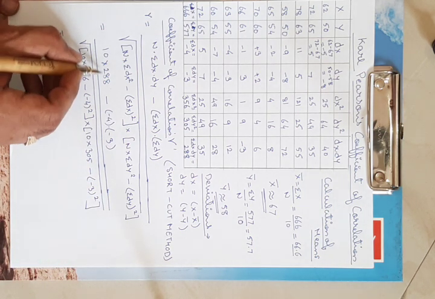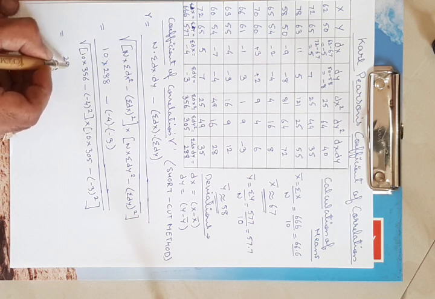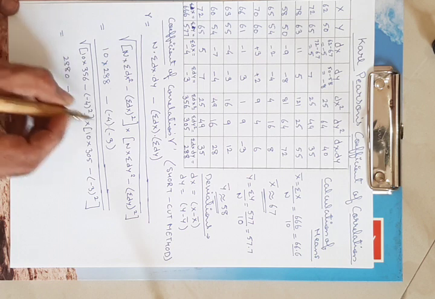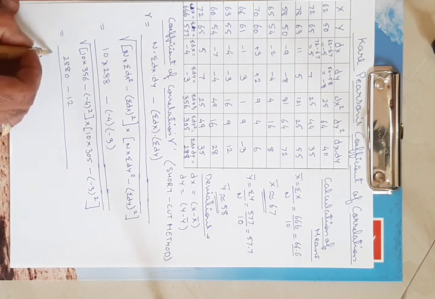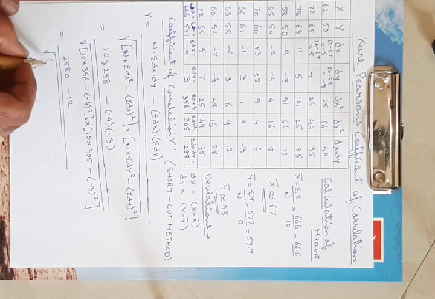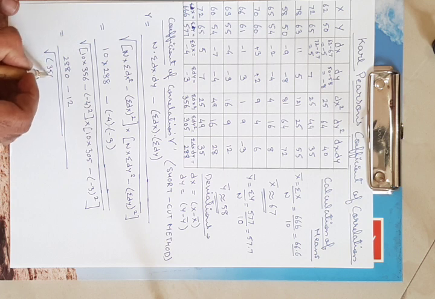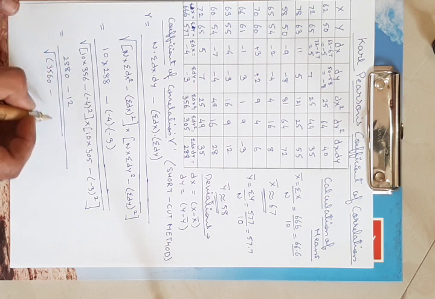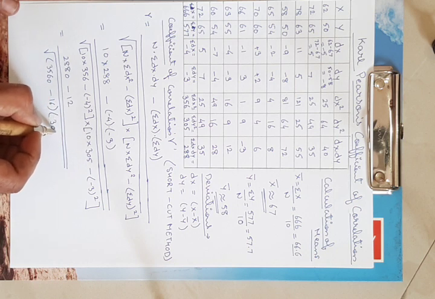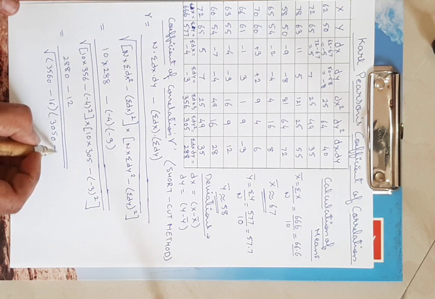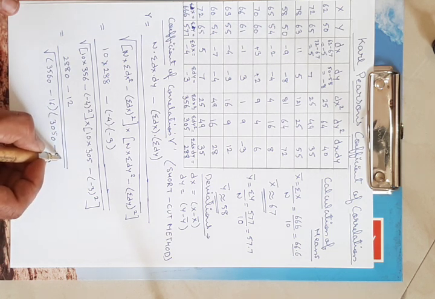Next this will be 10 multiplied by 288, that is 2880, minus 4 multiplied by minus 3, that comes out to be 12, divided by square root of 356 multiplied by 10, that is 3560, minus 4 squared, that is 16, into another bracket 305 multiplied by 10, that is 3050, minus 3 squared, that is 9.